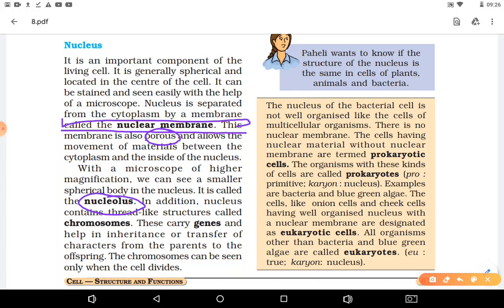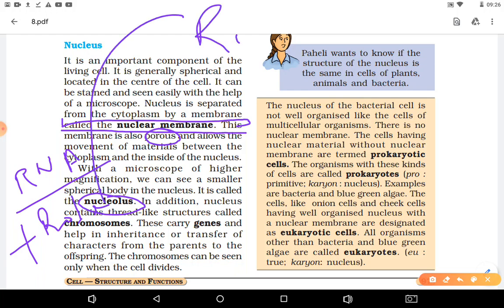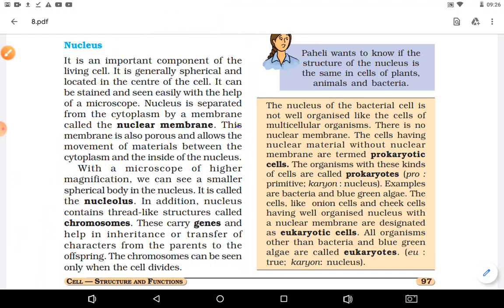Nucleolus contains the RNA plus some proteins. Clear? And nucleolus is involved in the synthesis of the ribosomes.